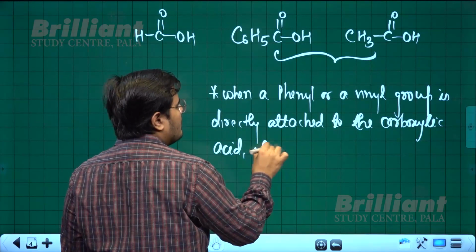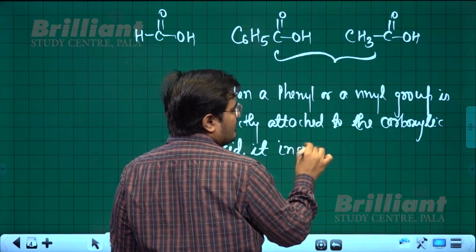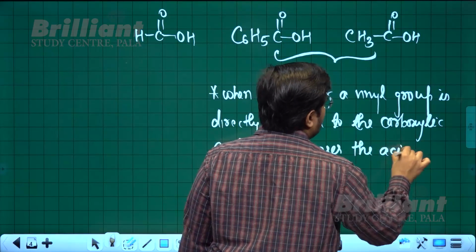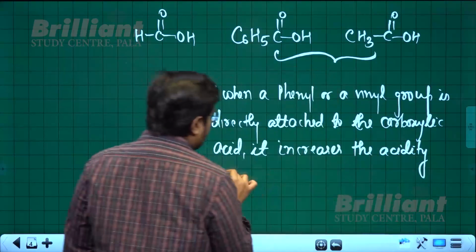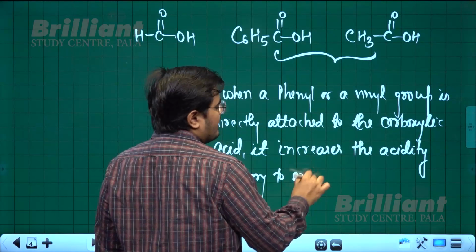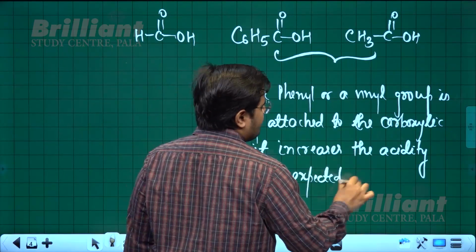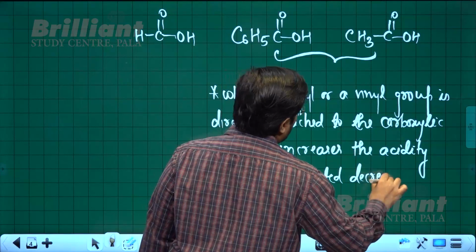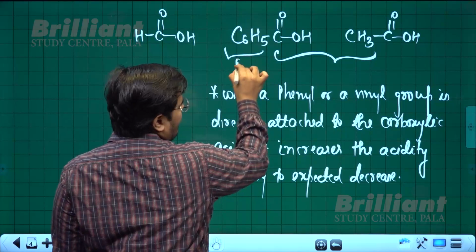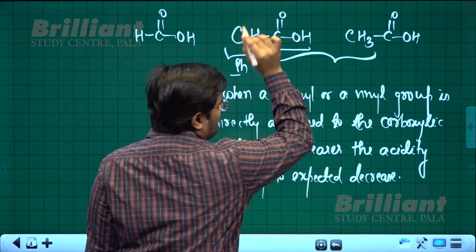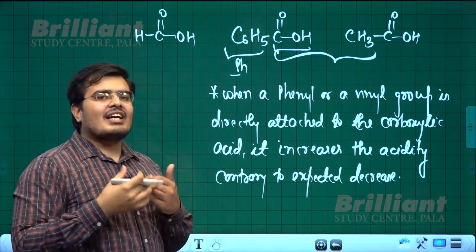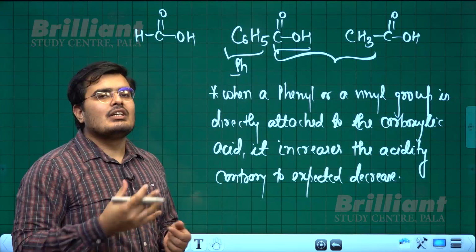it increases the acidity, contrary to the expected decrease. That means they are saying that when we put a phenyl group directly attached to a carboxylic acid, we actually tend to observe, or we actually feel like that the acidity should decrease.